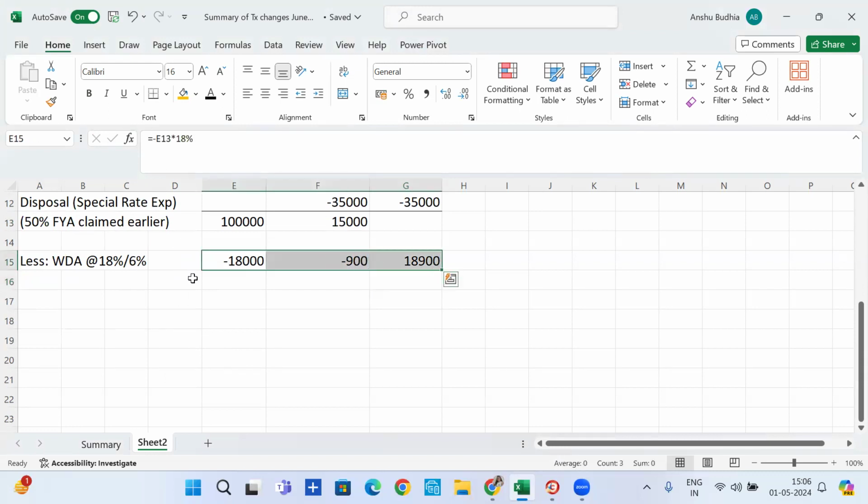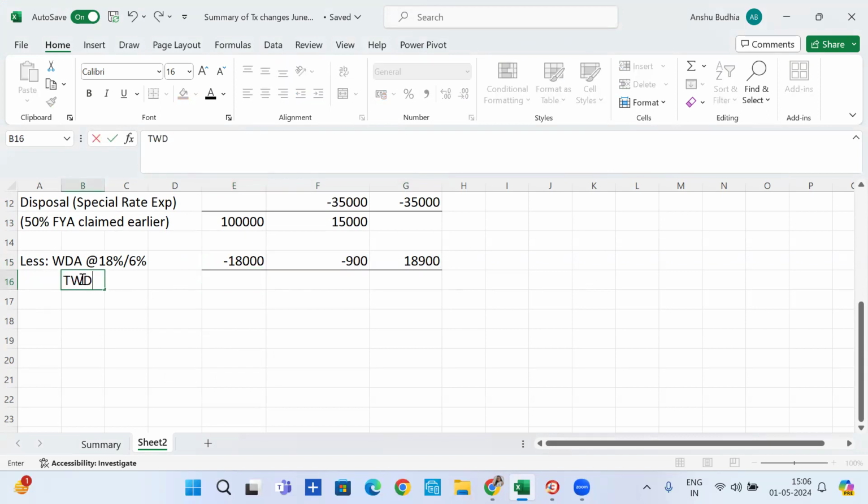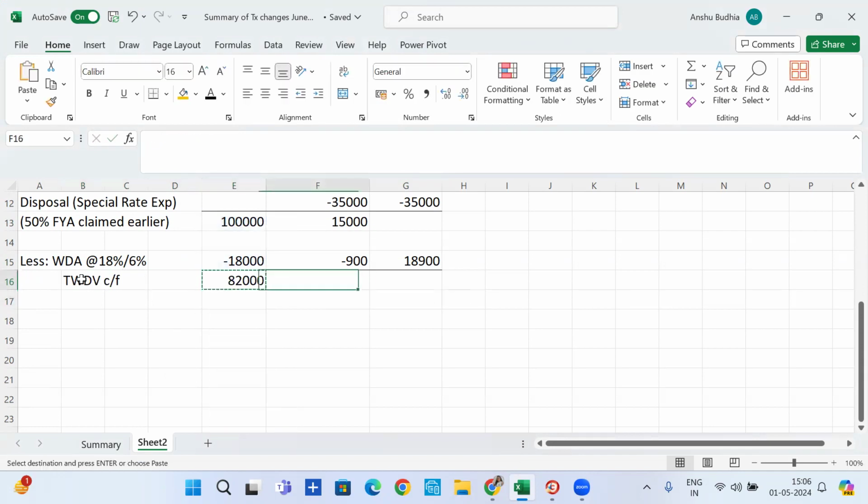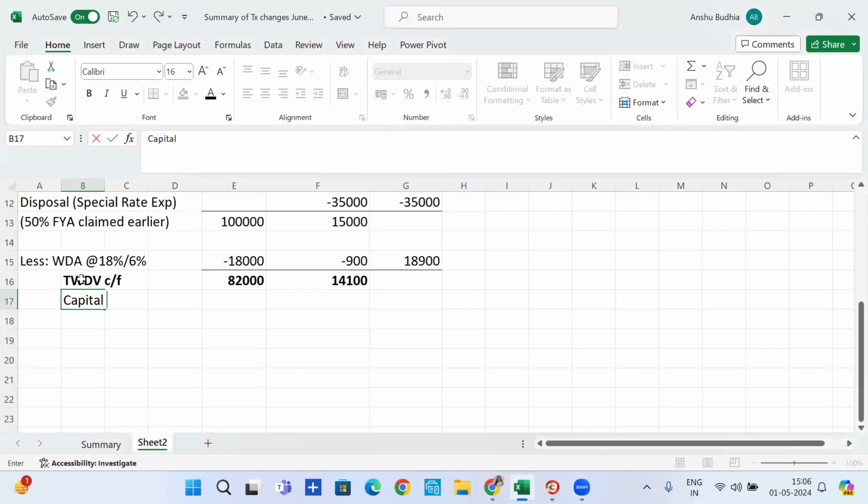Now we get the totals and right here TWDV carried forward. Okay, and capital allowances.